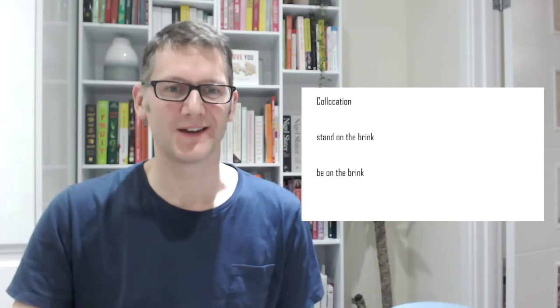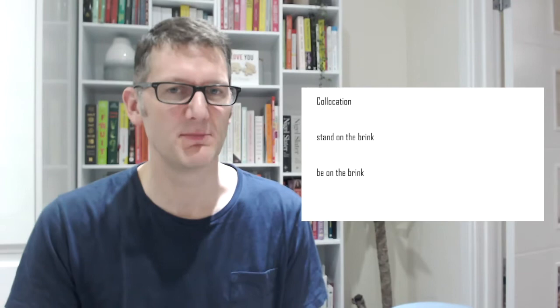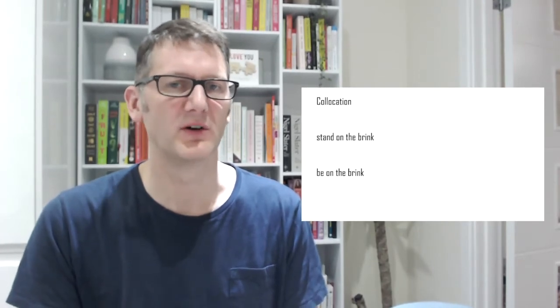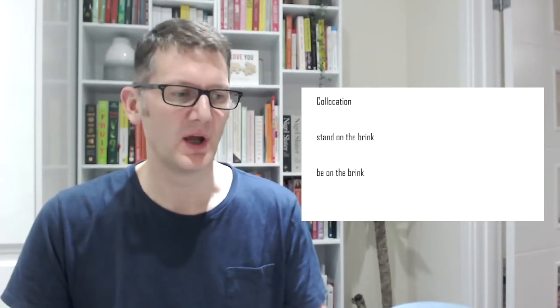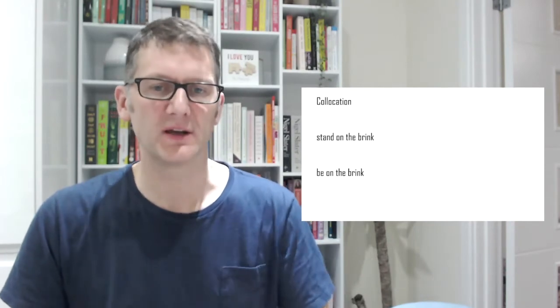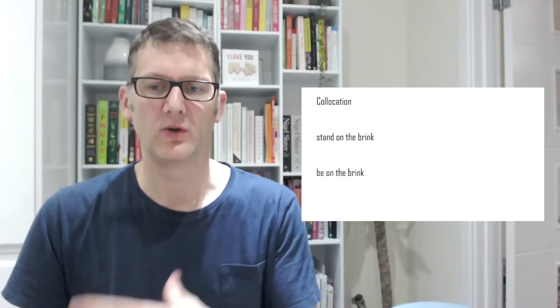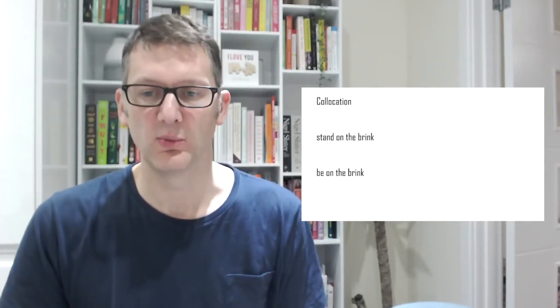And when you come back, if you've done the task, you probably noticed that it was be: to be on the brink of, or is on the brink of, are on the brink of, was on the brink of. You probably saw that much more often than any other verb. So in the text that we've read, when we met brink, it was stand on the brink of, but often we'll see it with be on the brink of.